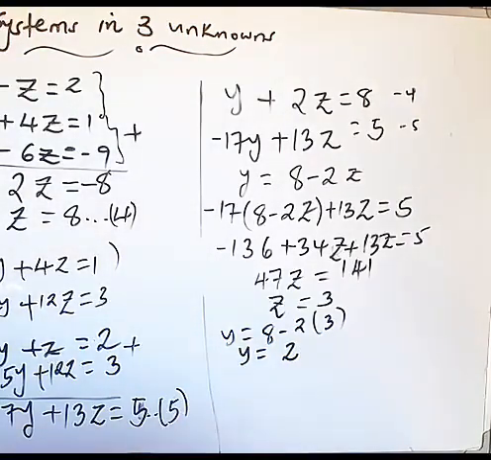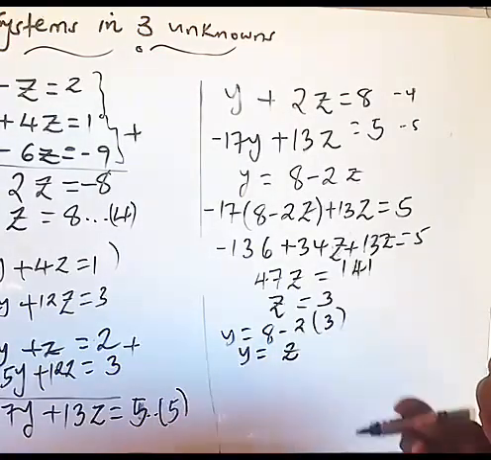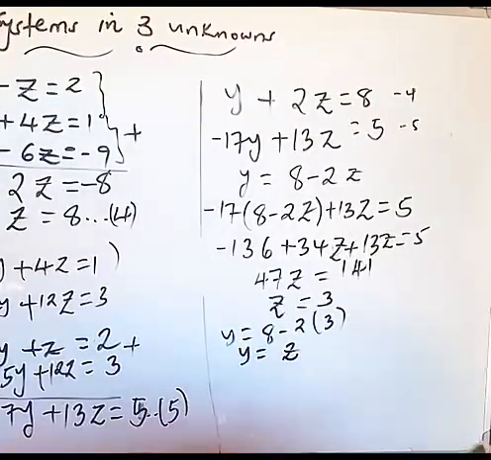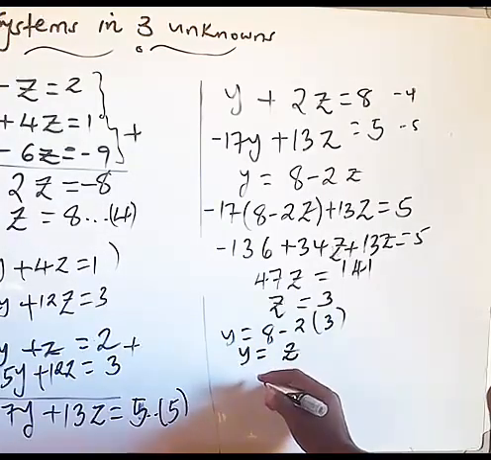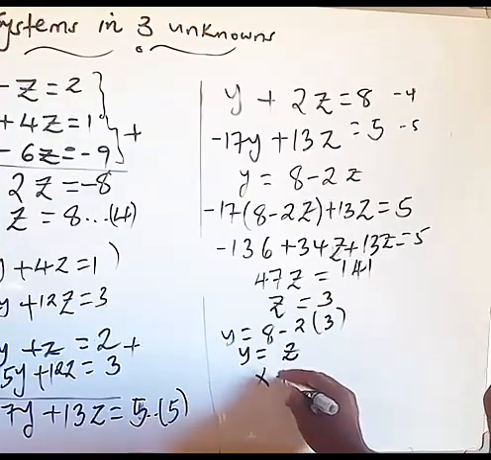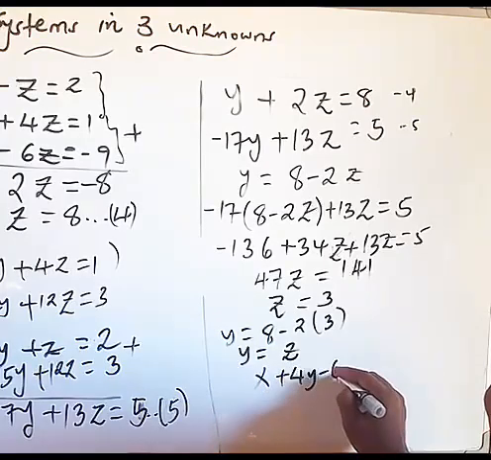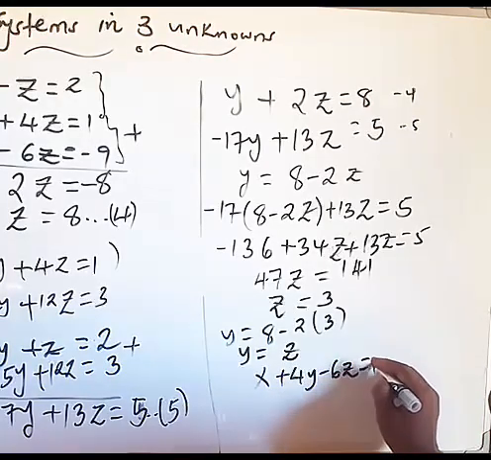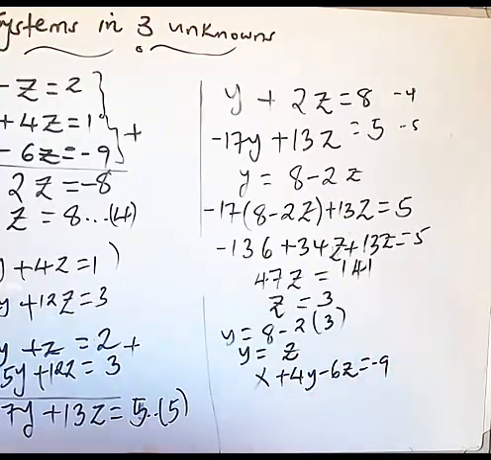Then, since we have y and z, we can get x by taking any of equations 1, 2, or 3. I will choose equation 3, which is x plus 4y minus 6z equals negative 9.